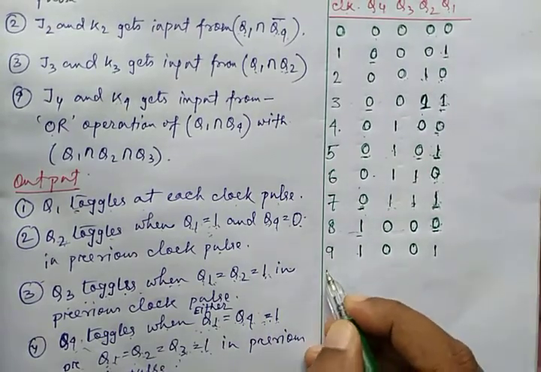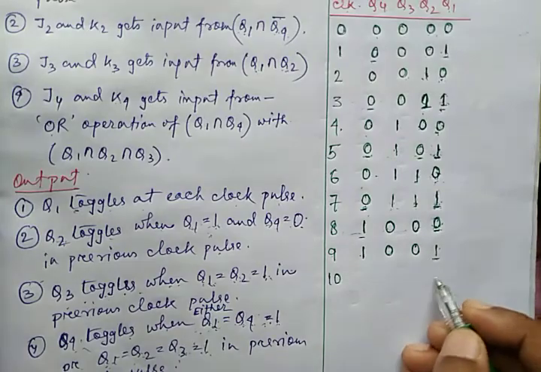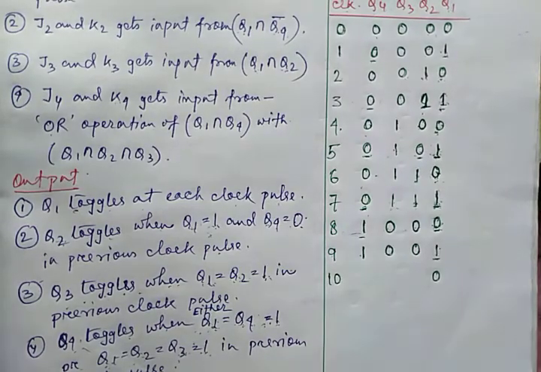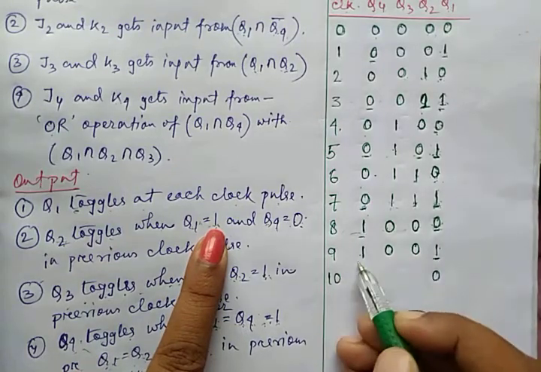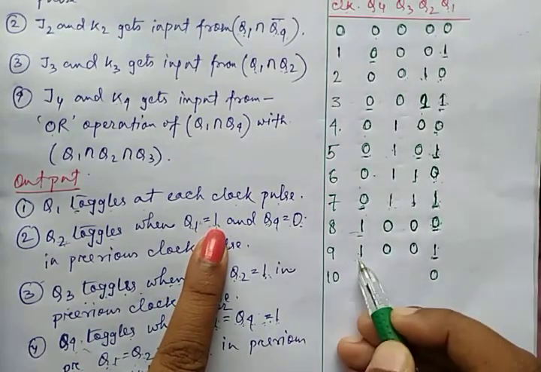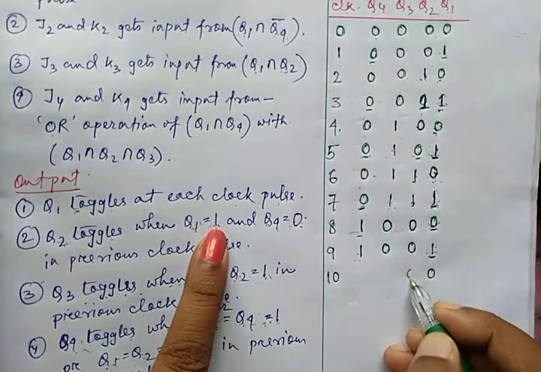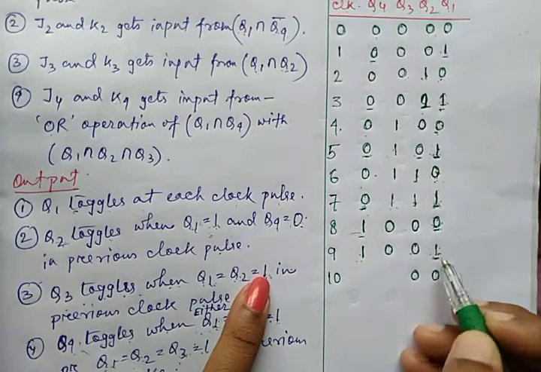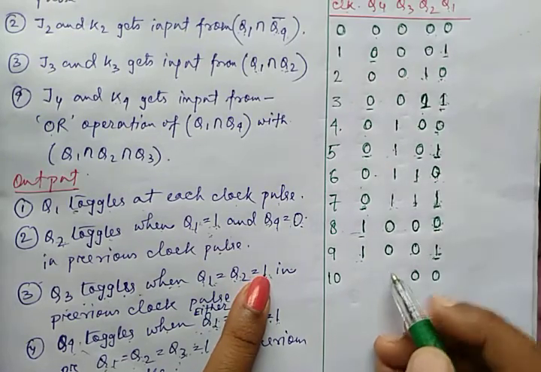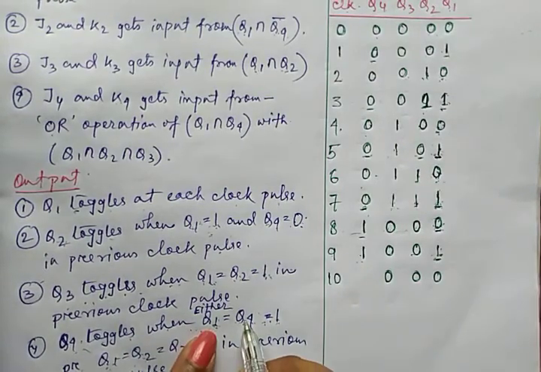And for the 10th clock pulse, Q1 toggles, that means 0. Q2 toggles when Q1 is 1 and Q4 is 0. That is not satisfied, Q4 is not 0, so this will not toggle. Q3 toggles when Q1 and Q2 both are 1, both are not 1, so this will not toggle. Q4 toggles when Q1 and Q4 are 1.